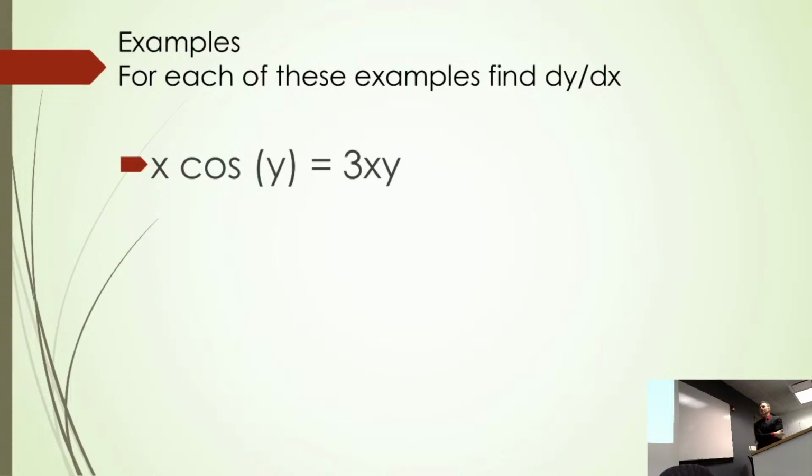I don't like this one at all. Because there's a temptation to divide both sides by x. Does anyone see that? Don't do it. Because we need the implicit derivative. If the x goes away eventually, that's fine, but let's not get rid of it yet.